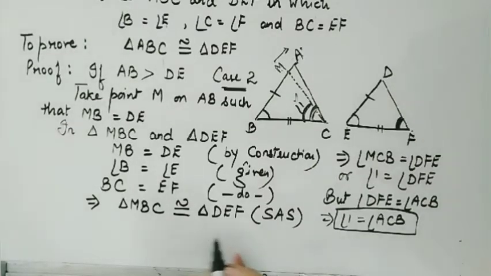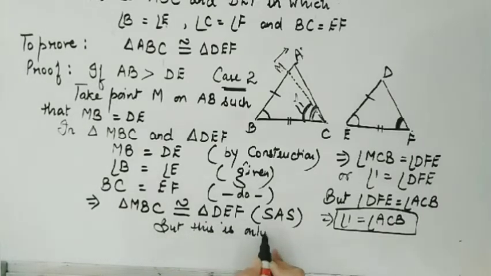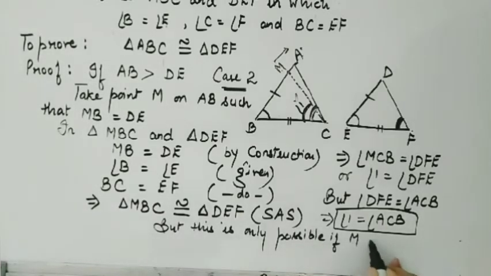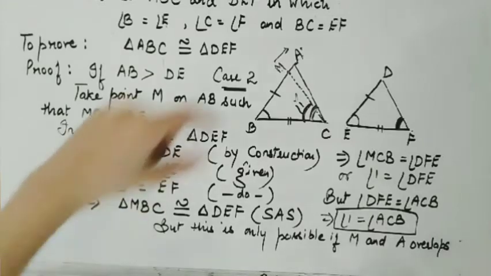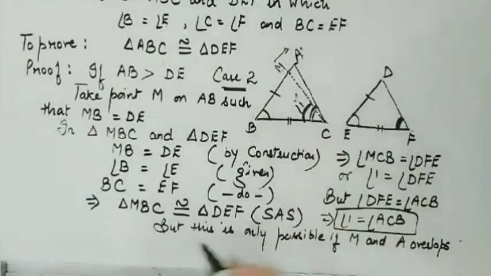So let's conclude. This is only possible if M and A overlap, and if these two overlap, that implies AB cannot be greater than DE.